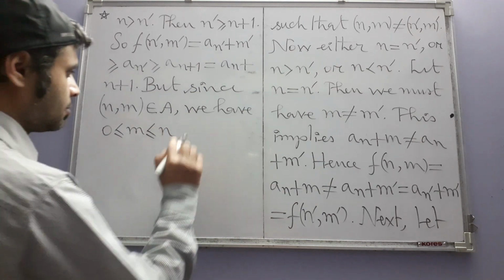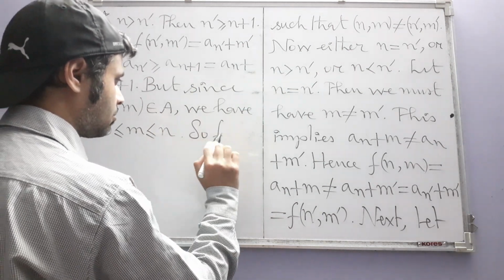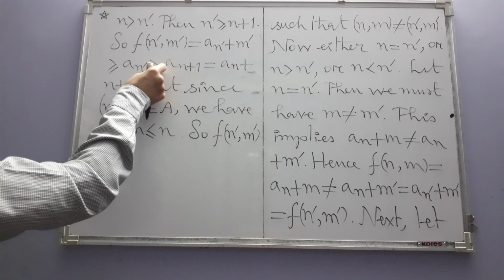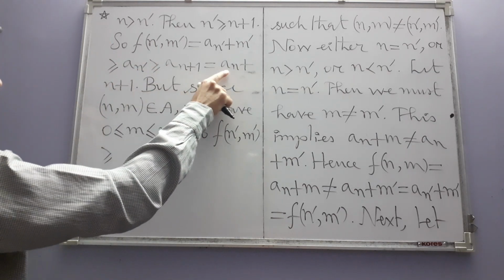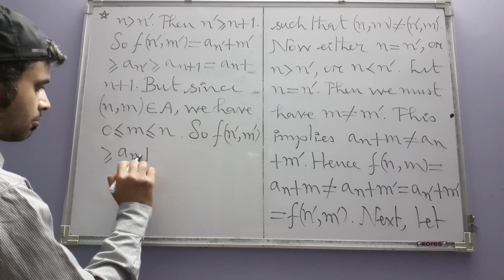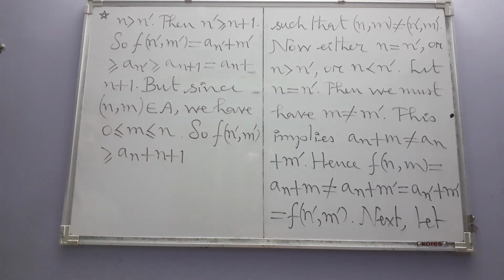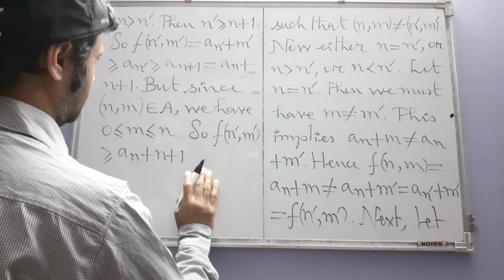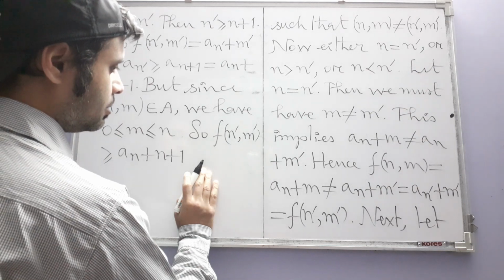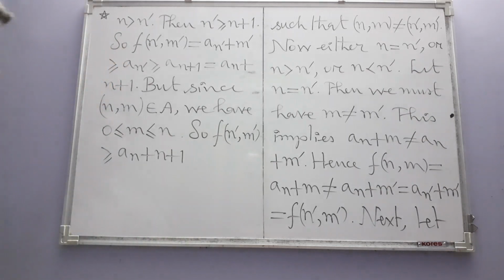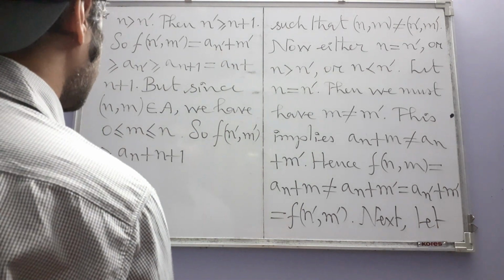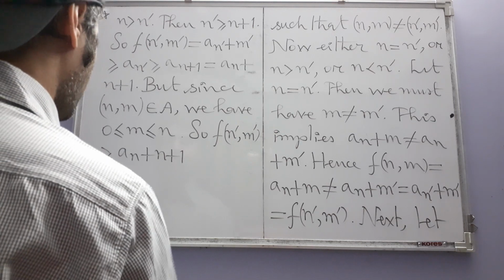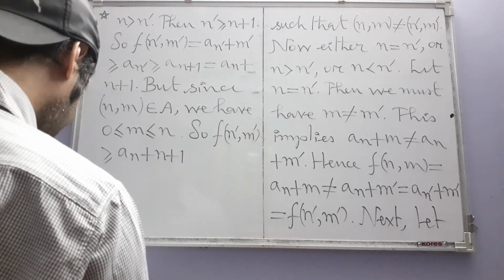So this is greater than or equal to an plus n plus 1, but now, I think I am missing something here. We need strict inequality. Do I not have that here somewhere, or am I missing something? Maybe I'm overlooking something.